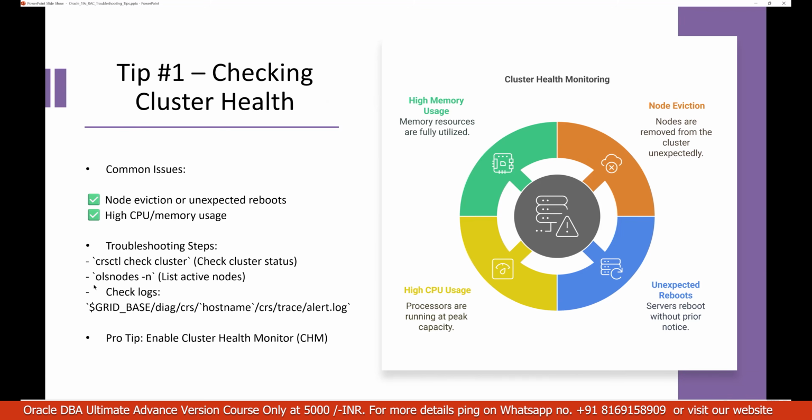Now, for Real Application Clusters, Oracle has given one more utility, the Cluster Health Monitor, which is known as CHM. We can also enable this feature so that we can monitor our overall cluster with respect to the RAC database.